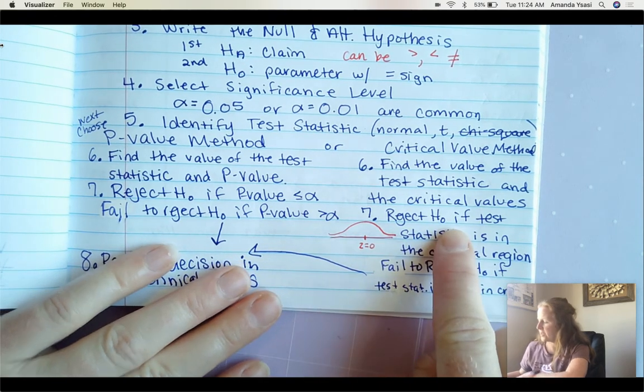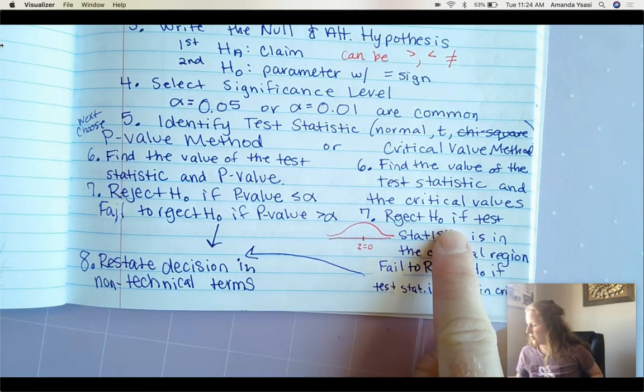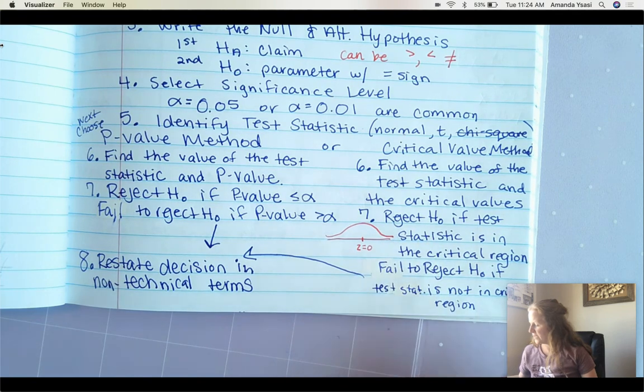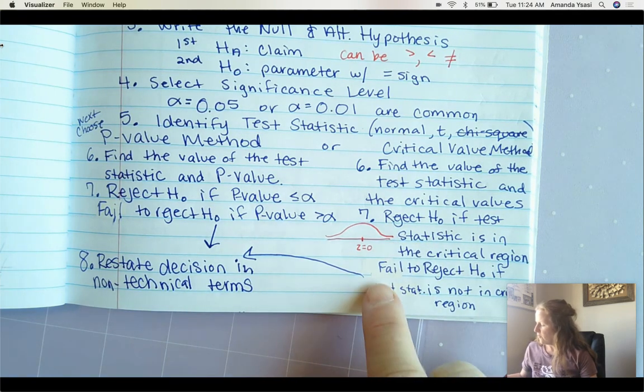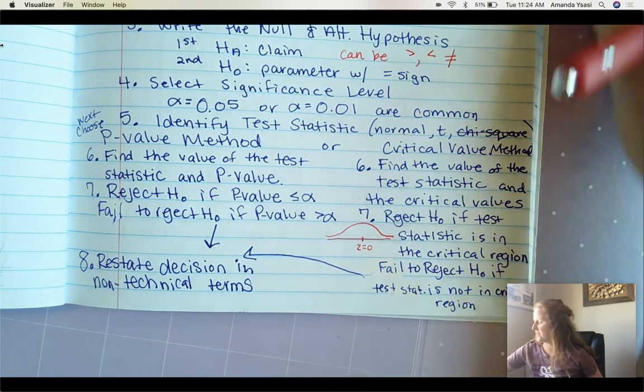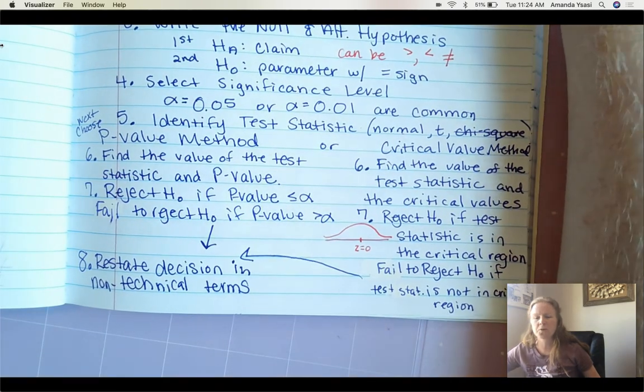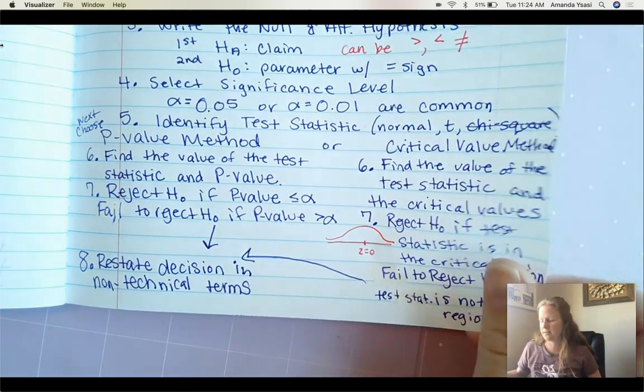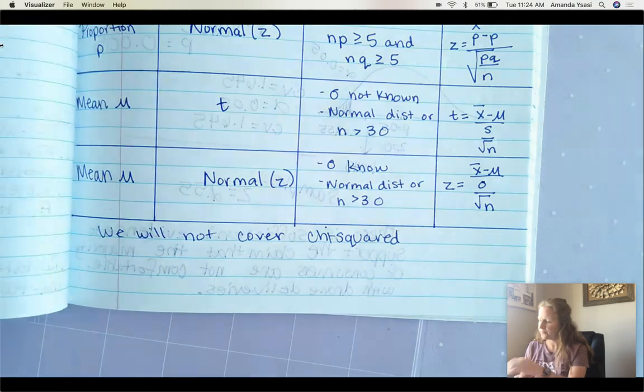You're going to reject H0, or the null hypothesis, if the test statistic is in the critical region. Fail to reject the null if the test statistic is not in the critical region. So you're going to determine what that critical region is. And then, of course, restate.